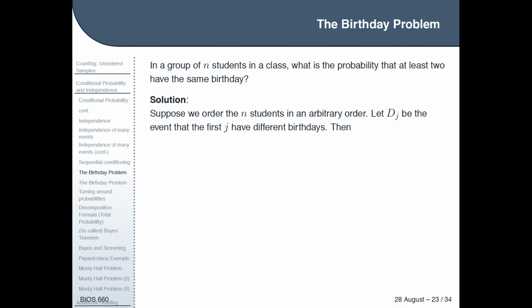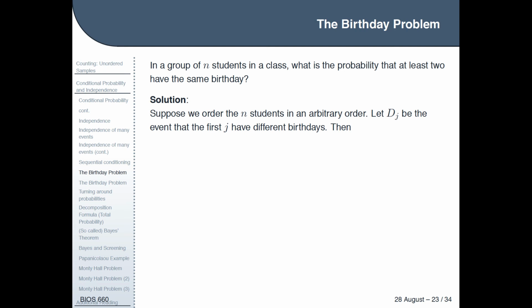But it would be, so the probability that the first 2 have different birthdays is essentially the probability the second student has a different birthday than the first student, which is going to be 364 out of 365.